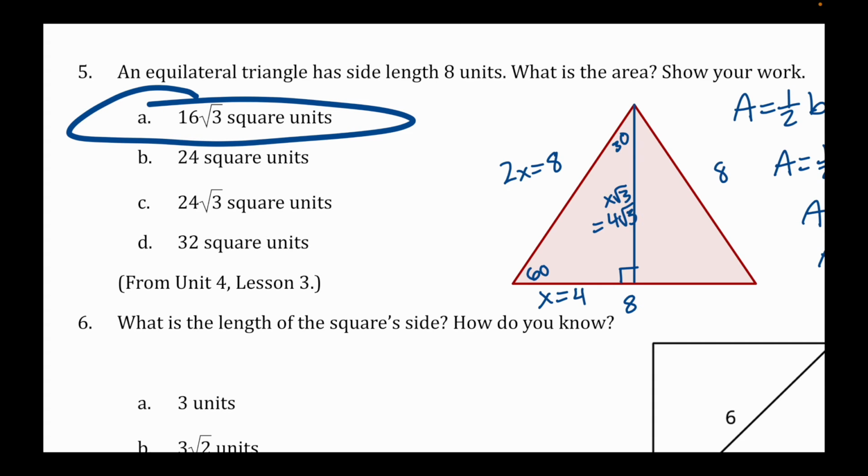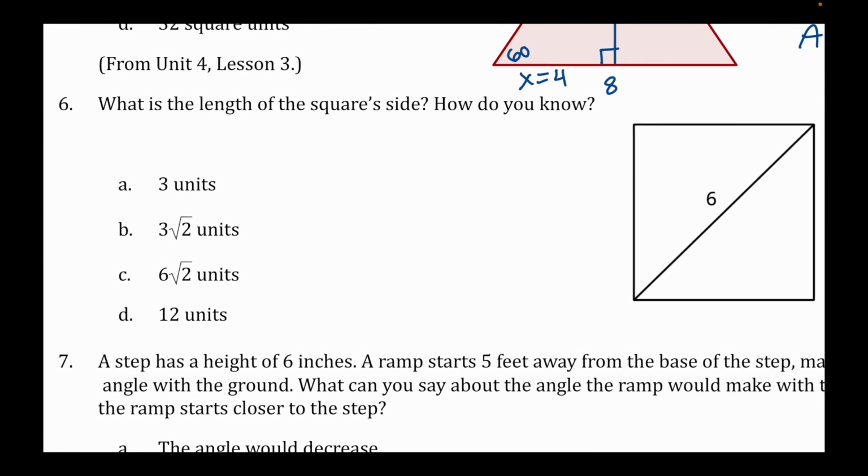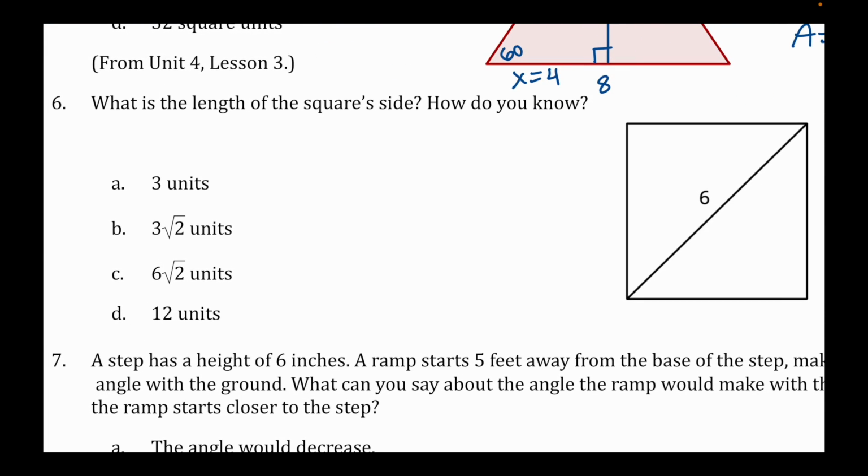That brings us now to question 6. What is the length of the square's side and how do you know? So there is a relationship here between a whole number and then the side length. So if I call these both x, 6 is generally the side we would call x root 2. Since this is a square, I know this is a 45, 45, 90, also known as an isosceles right triangle.